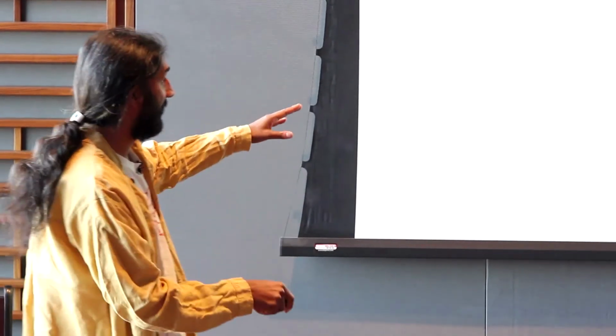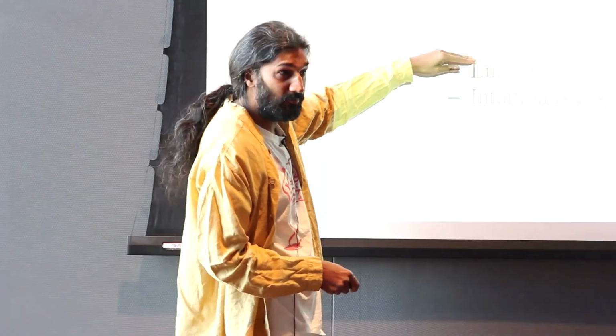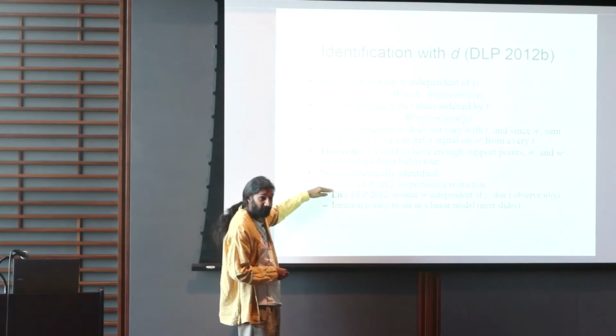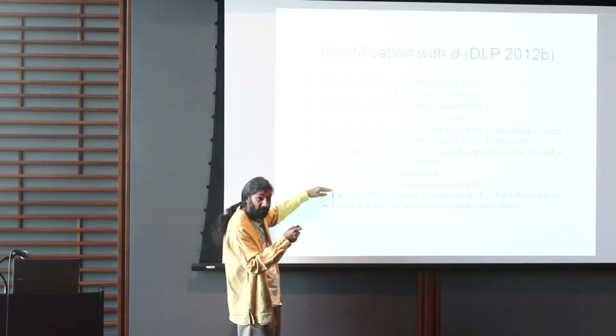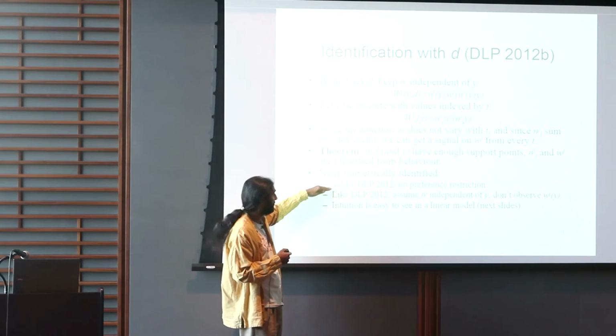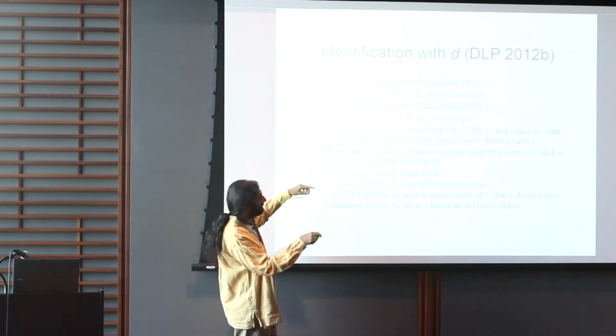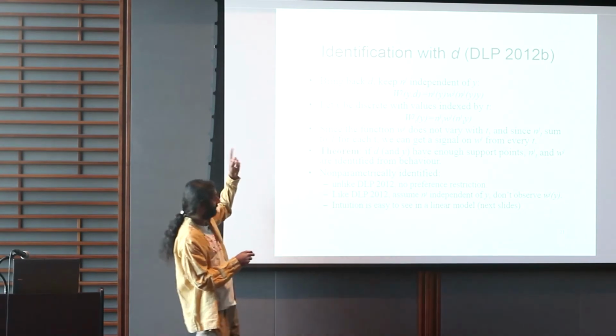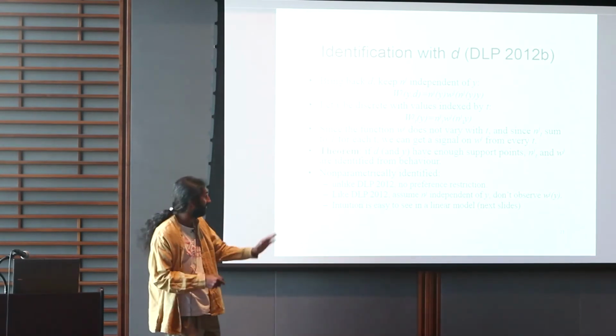That too is going to be easier to see in a linear case. So unlike the previous case where I had to have a preference restriction like a similarity across preferences, here I don't need any preference restriction, but I do need that the distribution factors affect the resource shares and don't affect preferences.